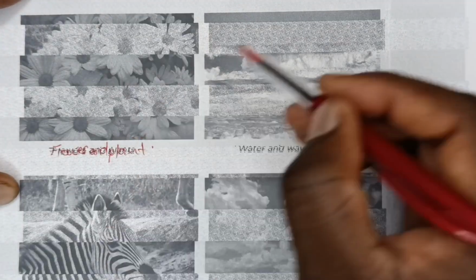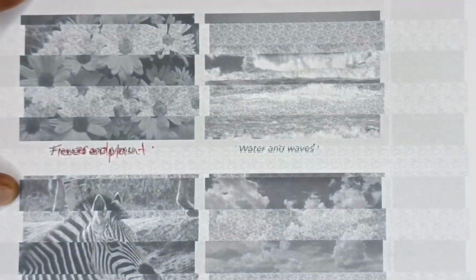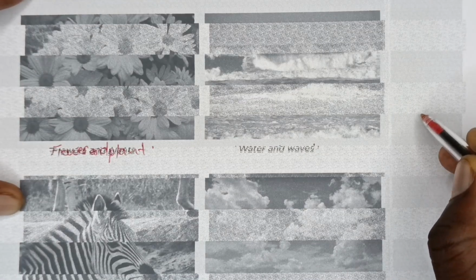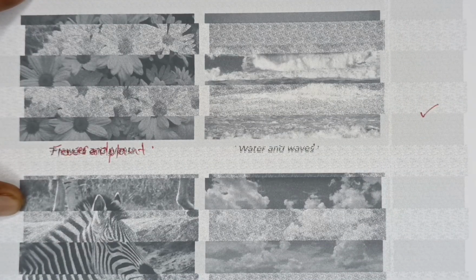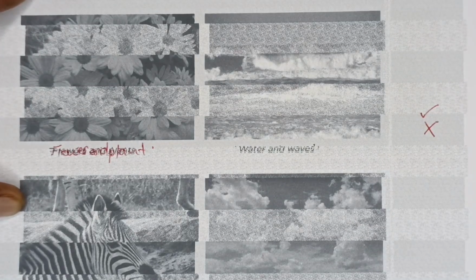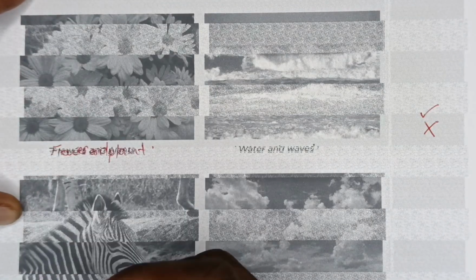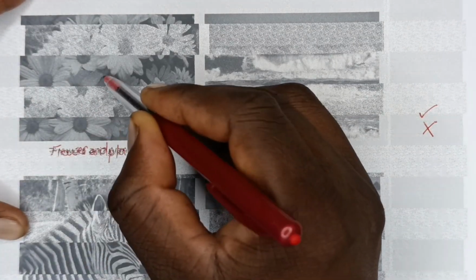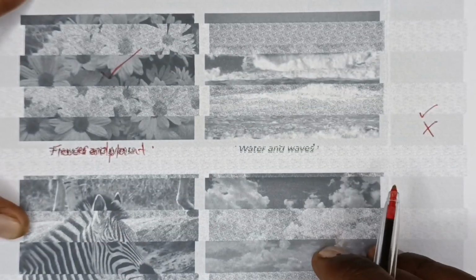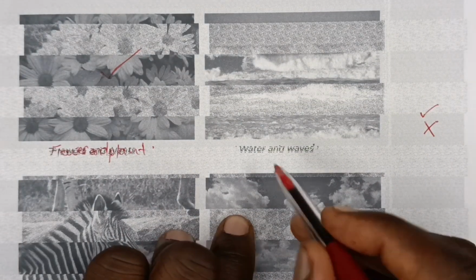They said that we should put a tick if we think it is a living thing, and we should put a cross if we think it is a non-living thing. So flowers, I think flowers are living things. So we put a tick there.